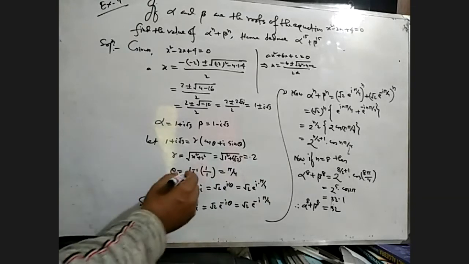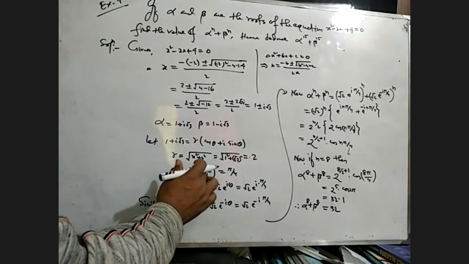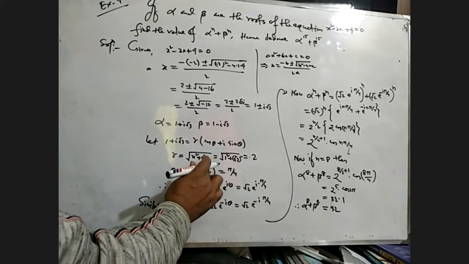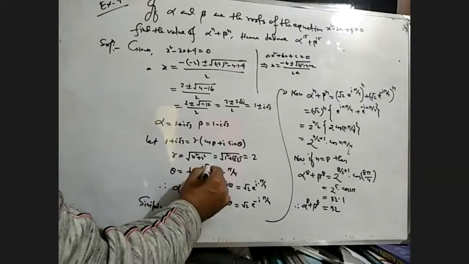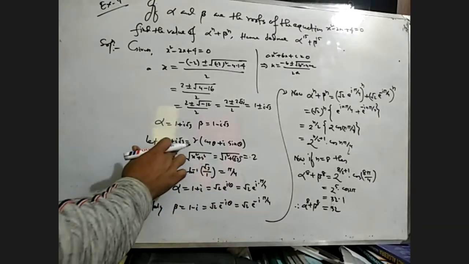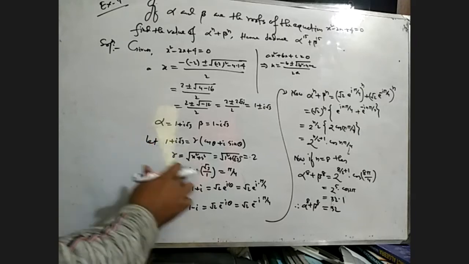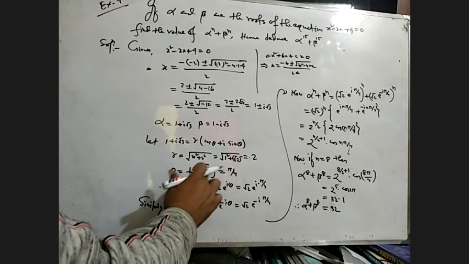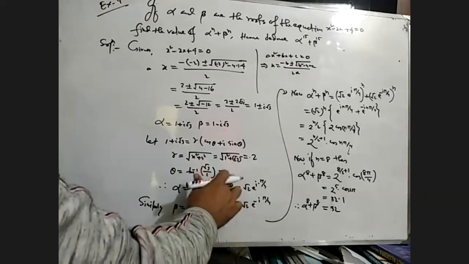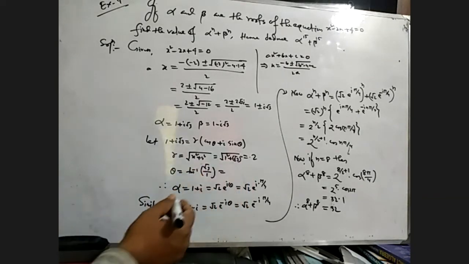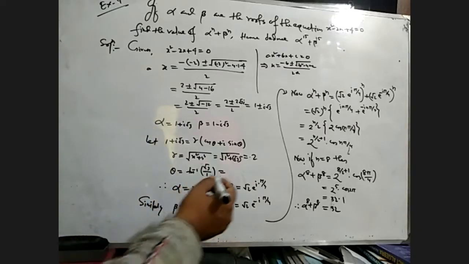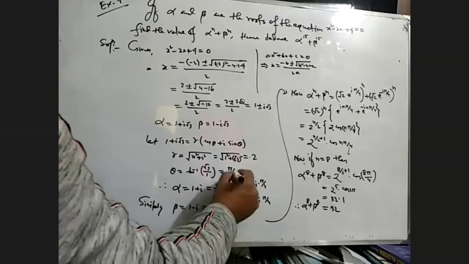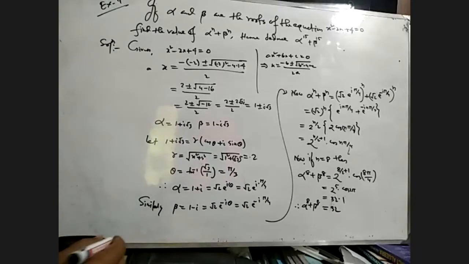Now argument: imaginary part divided by real part, root 3 over 1, equals to tan theta. So theta equals tan inverse root 3, which is 60 degree, so pi by 3.